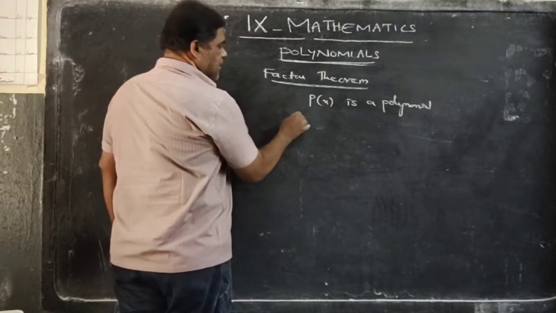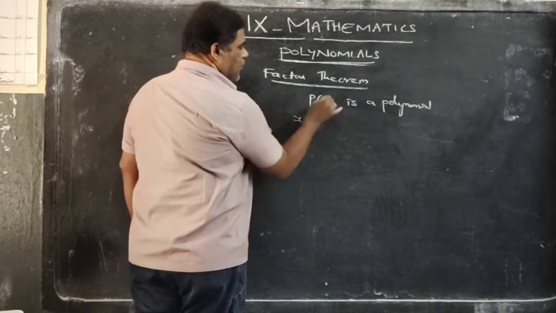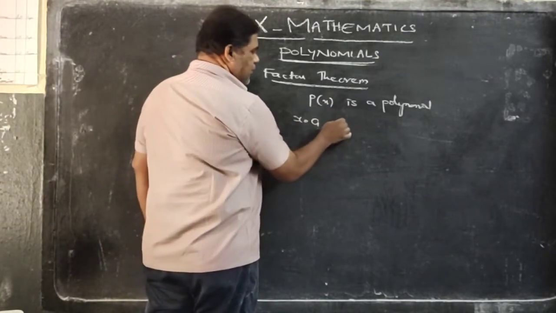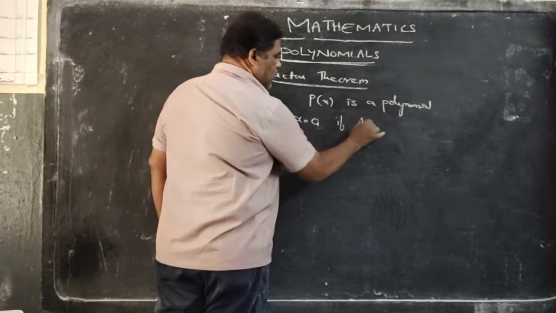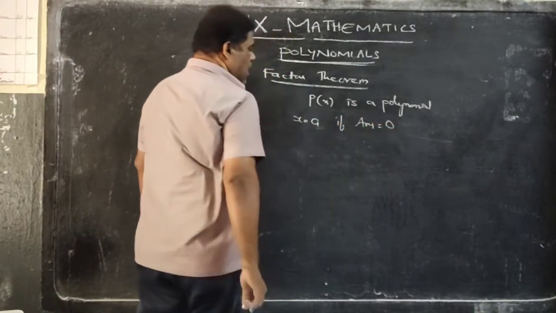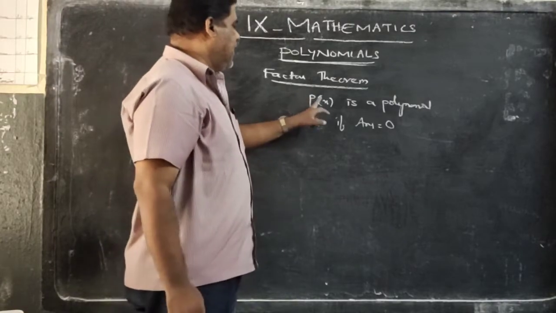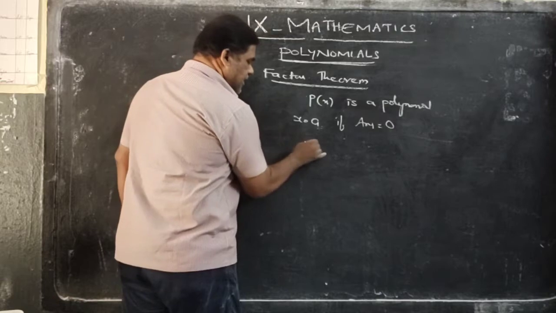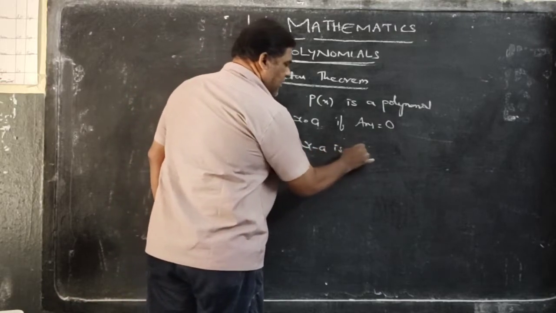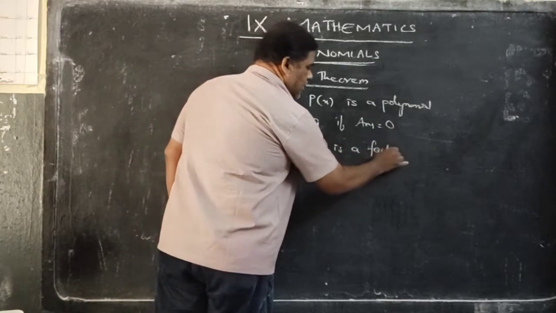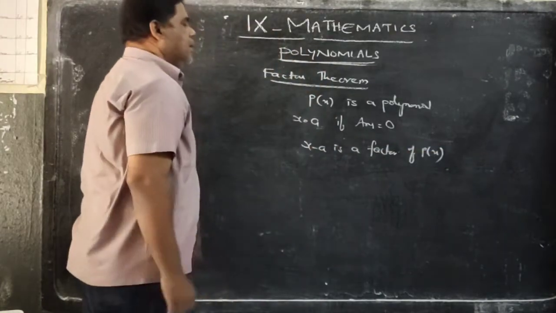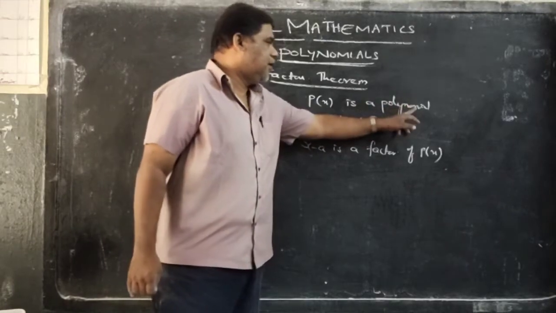If you substitute x is equal to some value a, and on substituting x is equal to a the answer is 0, then you send a to this side. Then x minus a is called a factor of the polynomial p of x.